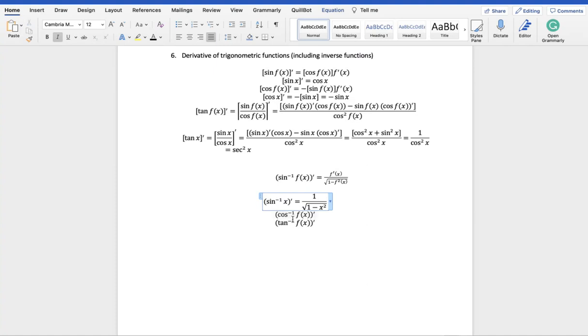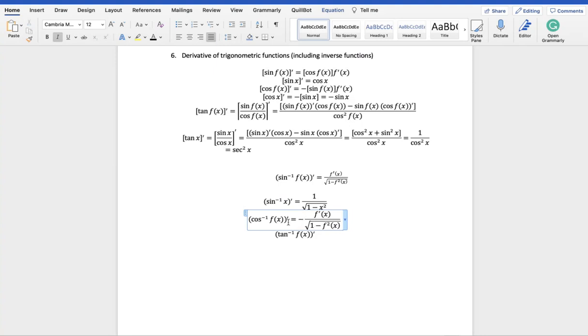So now if you're looking at the derivative of the inverse cosine of f of x, then this is just equal to more or less the same as the sine inverse, but now you add a negative sign at the front there.